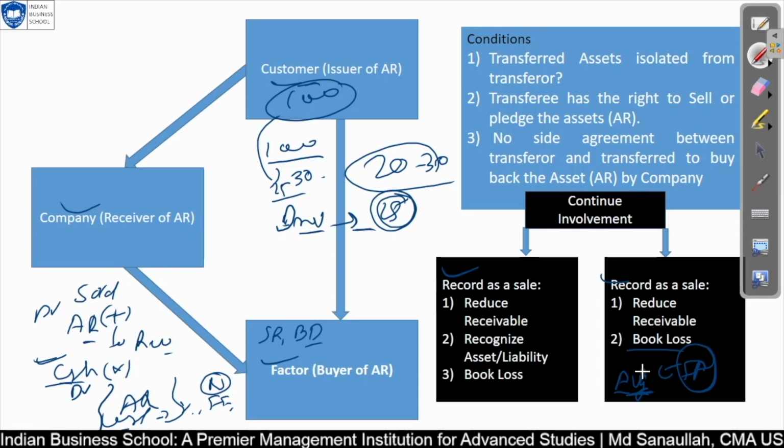If you take this cash and use it, then you have to book extra interest, as I have explained, for 25 days at whatever interest rate has been decided. That rate will be applied to you, which will further reduce your cash, and the interest part will also be booked as loss, and then you will receive the rest. That will come later in the Excel sheet, where I will also explain it to you.